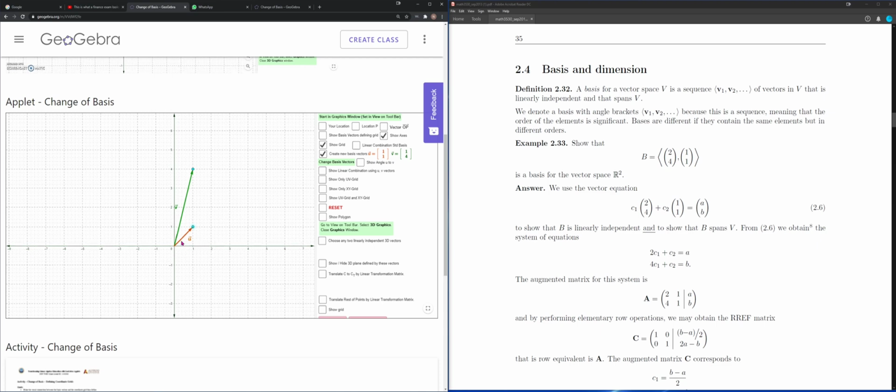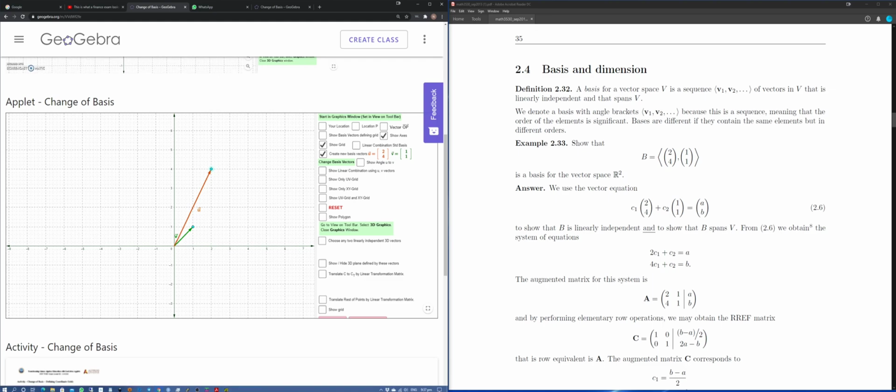This is the (2, 4), the red vector here, and the (1, 1) is your green vector over here. So these form a basis for R2, right?